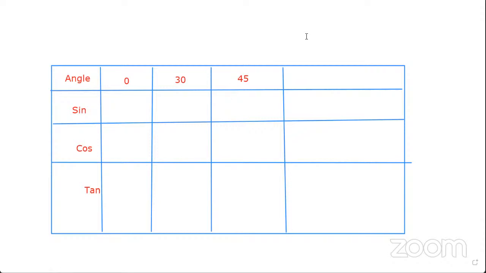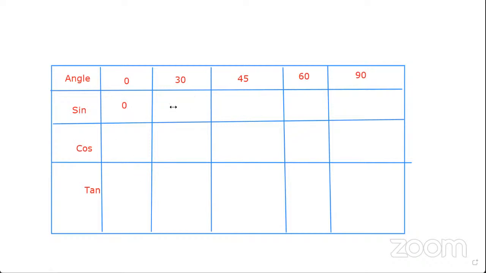Sorry, guys. We'll take this from 45, 60 and 90. And sine 0 is 0.